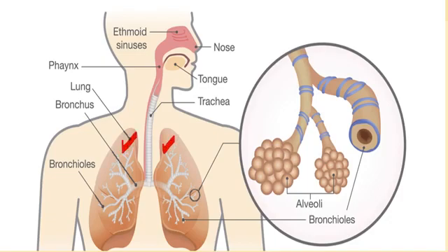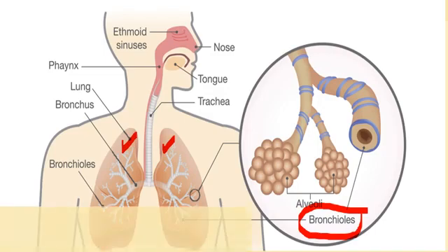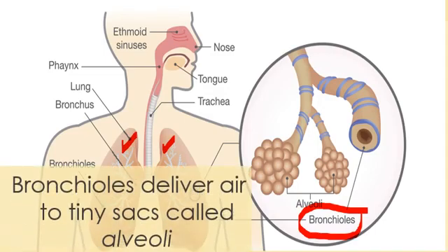So inside the lungs, the bronchi divide into smaller tubes, and the smallest are called bronchioles. Again, bronchioles. So the bronchioles deliver air to tiny sacs called alveoli. Again, let's read.